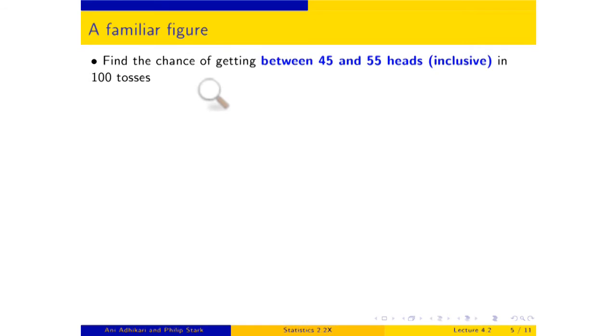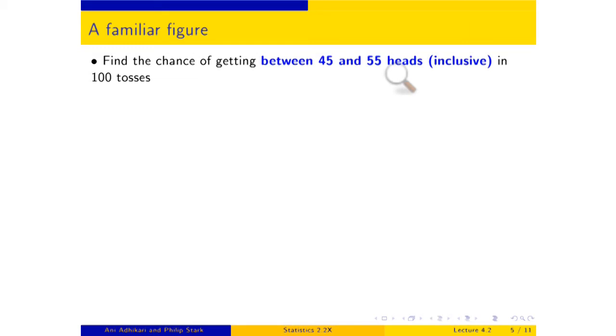We're going to find the chance of getting between 45 and 55 heads inclusive. And here's me being very persnickety. Why? Because had I just said between 45 and 55 heads, there would have been 500 posts to the forum saying, well, does that mean do I include 45 or do I start at 46? This is ambiguous. Indeed, the 500 posts would be correct.